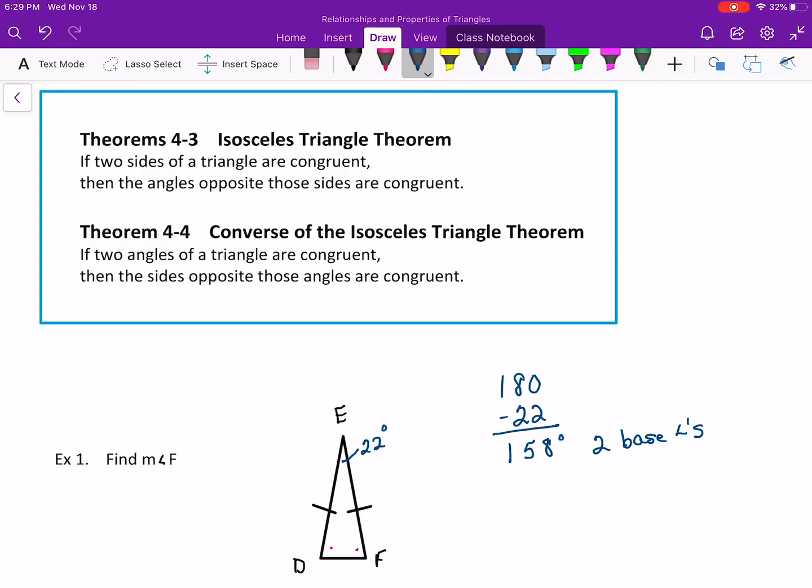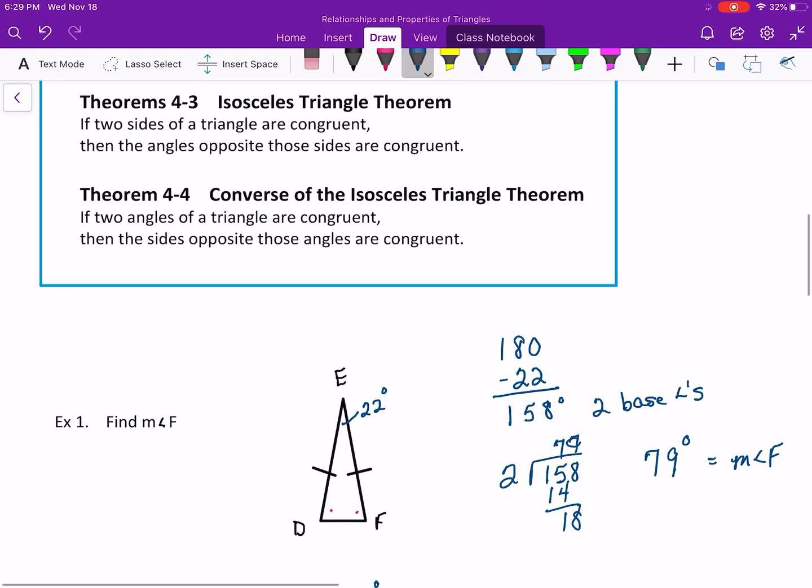So those 2 angles together equal 158, which means each one separately is 79 degrees. That is the measure of angle F. Just gives us a little different way to look at these.